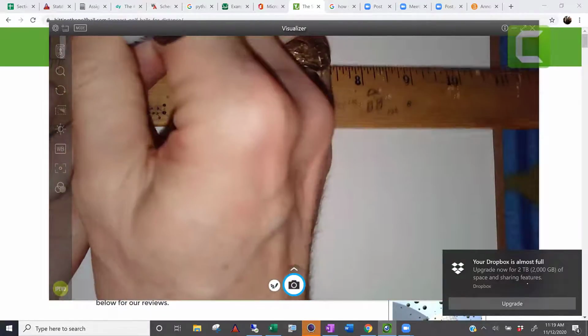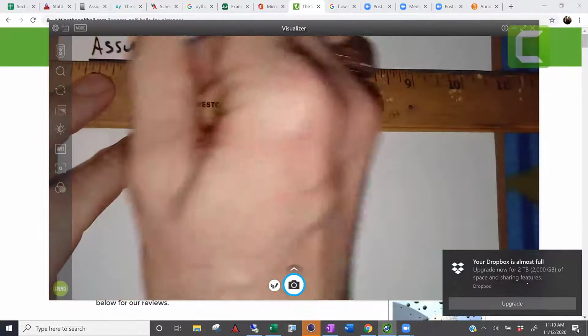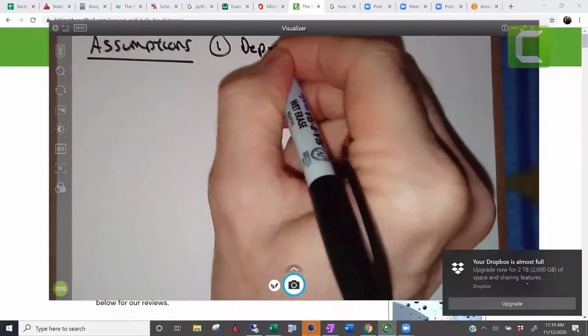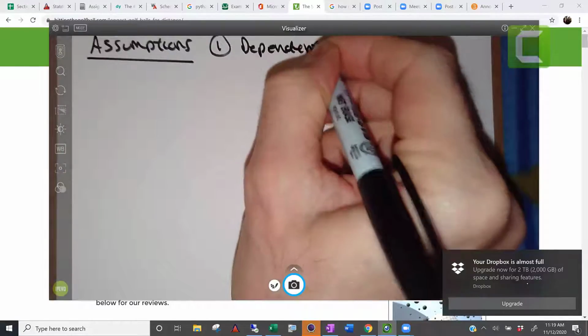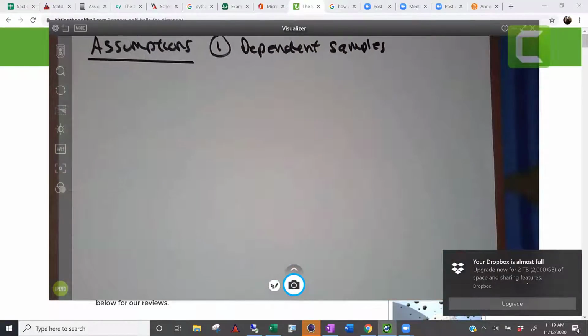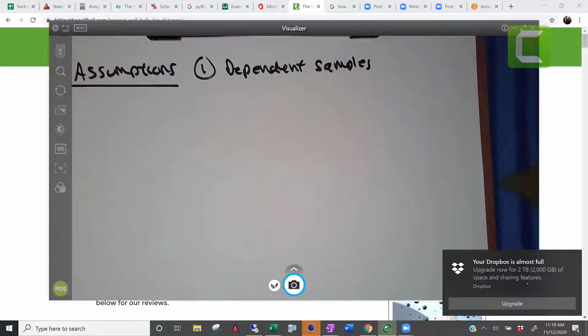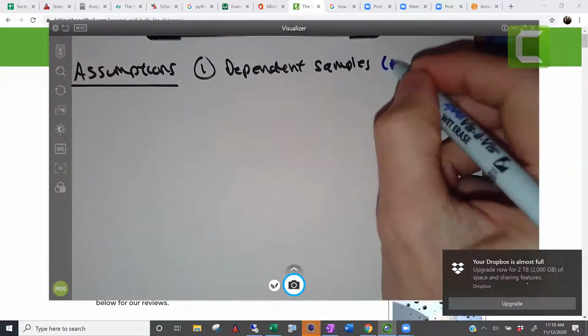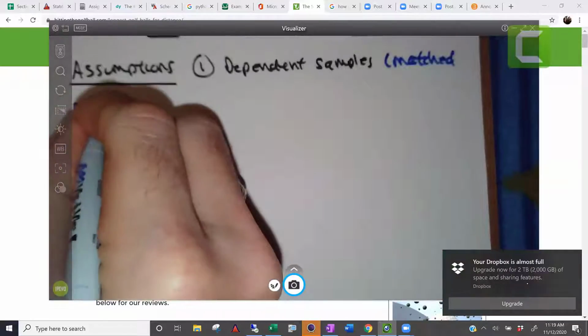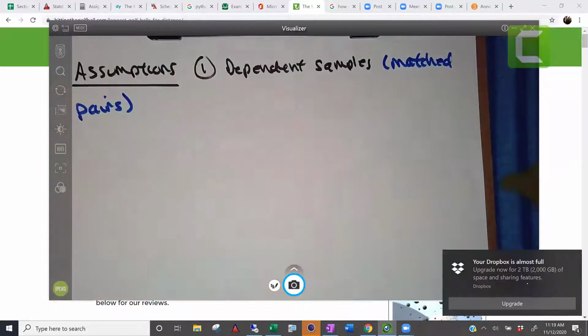So our assumptions are as follows. We have dependent samples. Now, typically, that's going to mean matched pairs in some way. Matched pairs. Okay.